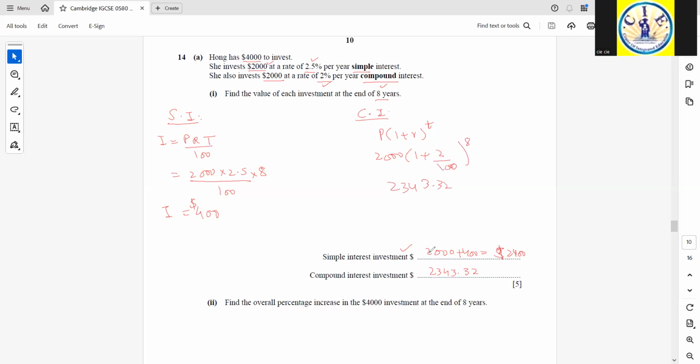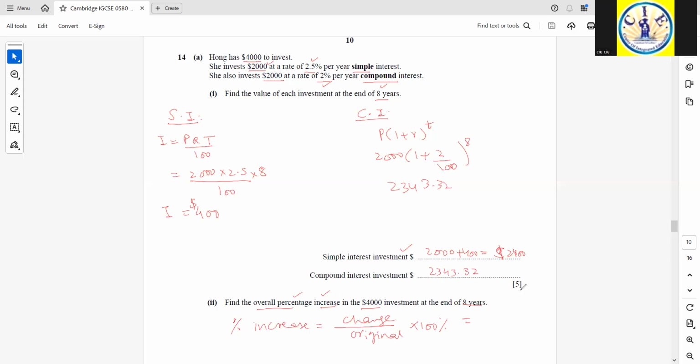Okay, then find the overall percentage increase in the 4,000 investment dollars at the end of 8 years. So percentage increase is given by the formula change or increase divided by original value times 100%.